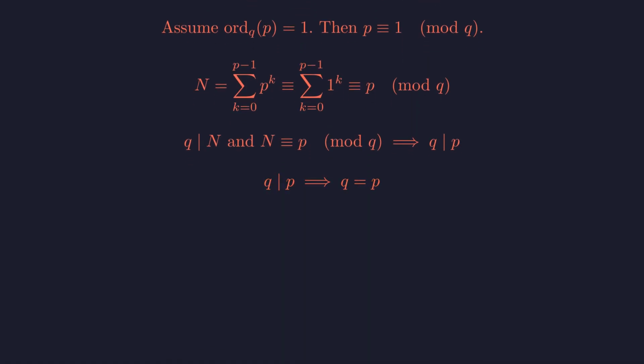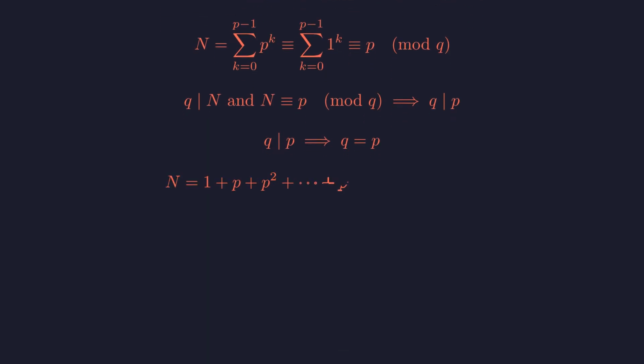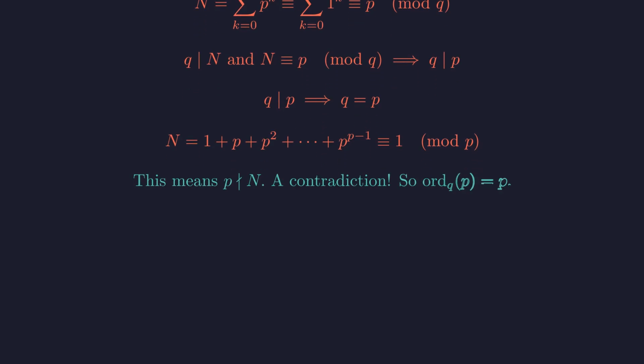Since they are both prime numbers, this forces q to be equal to p. However, if we look at n modulo p, all terms except the first are 0. So n is congruent to 1 modulo p. This means p cannot be a factor of n, which contradicts our finding that q equals p. Therefore, our assumption was wrong, and the order must be p.